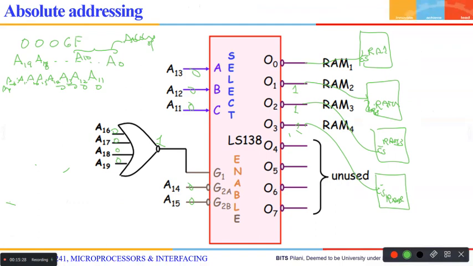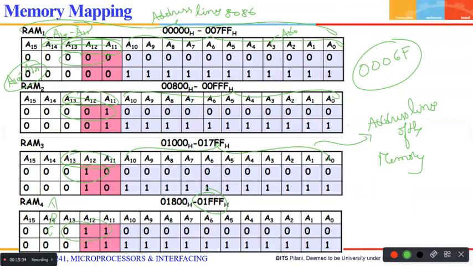Okay. Now, incremental addressing. You know that for this particular table and this address range, you can see that all these are zero, all these are zero, except these that change, for all the 4 chips. Can you see this?